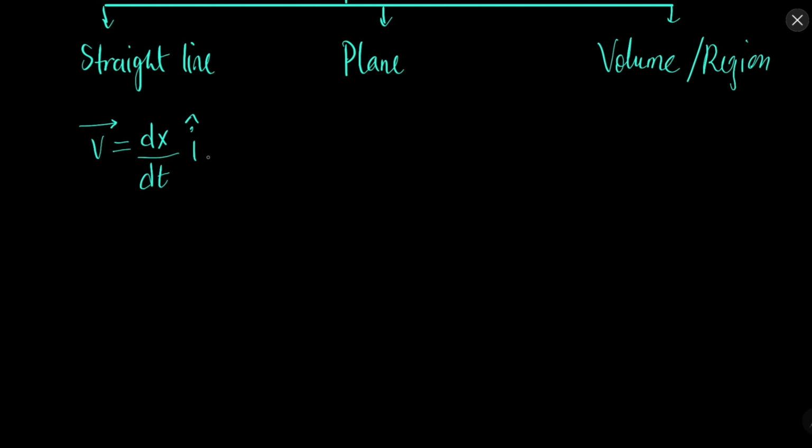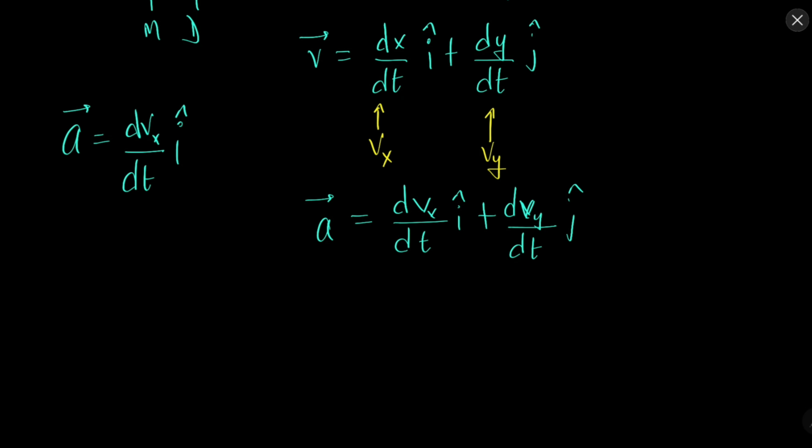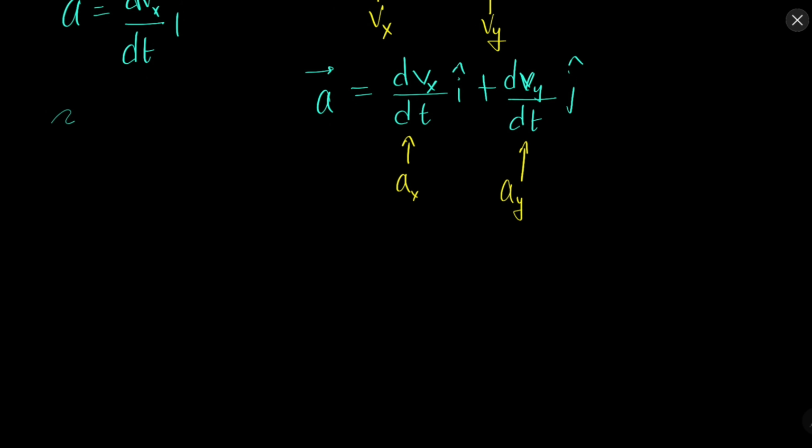Similarly for acceleration, acceleration was, let's say, dvx by dt in the i cap direction. So similarly here we will have acceleration in two dimensions, dvx by dt i cap plus dvy by dt j cap. So we can write it like this also, quite simple. And again, this is the x component of acceleration and this is the y component of acceleration. And similarly we can write the equations of motion.